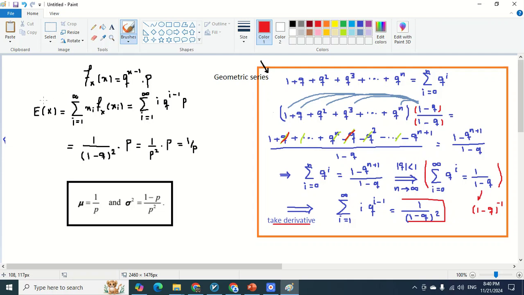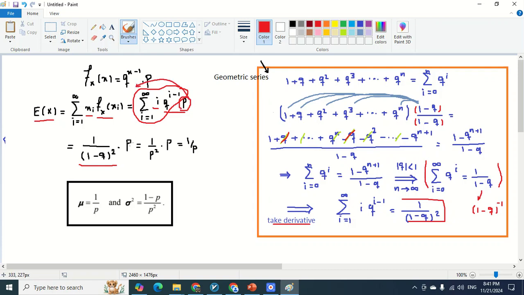Because to calculate the expected value of x, we should multiply the value of the function, x_i, by the probability, and the value of the function is given by i, and the value of the probability is q to the power of i minus 1 times p. Then the summation over here is equal to 1 over 1 minus q squared, and p is not related to i, so it comes out of that summation.